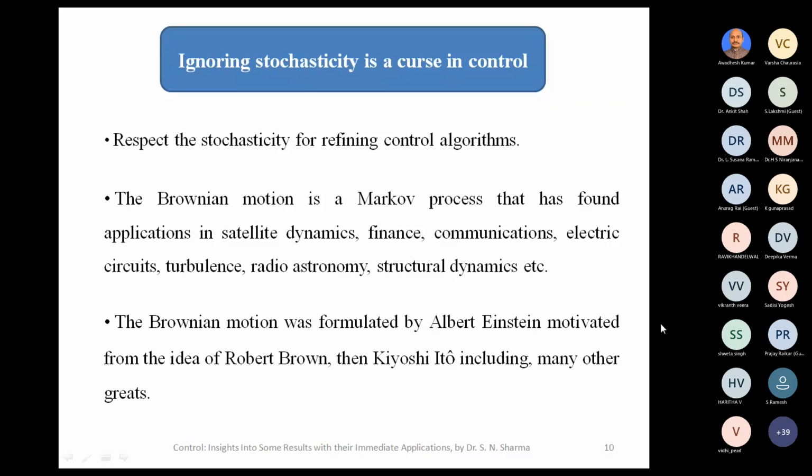Ignoring stochasticity. Now there is another topic that I have taken, the stochasticity part, of control then and now.